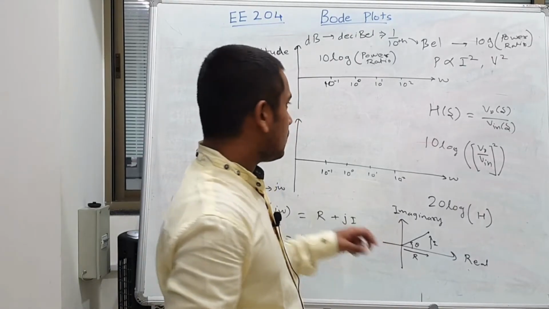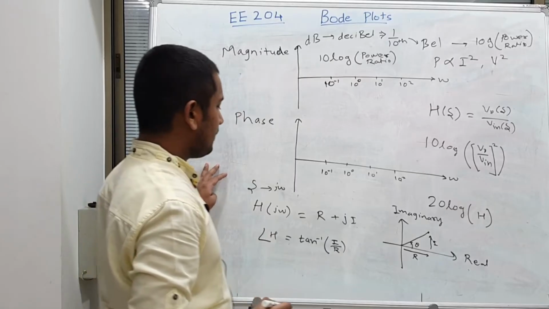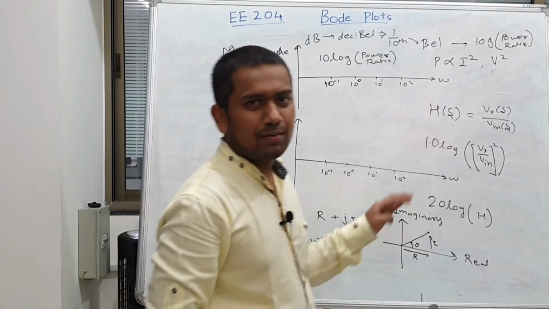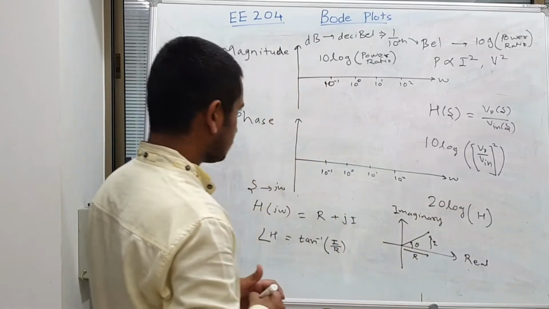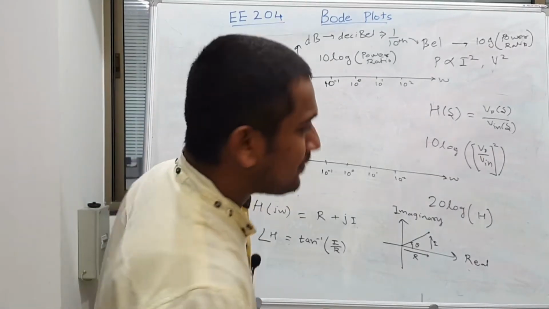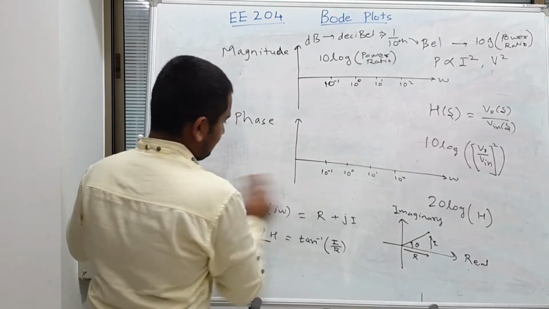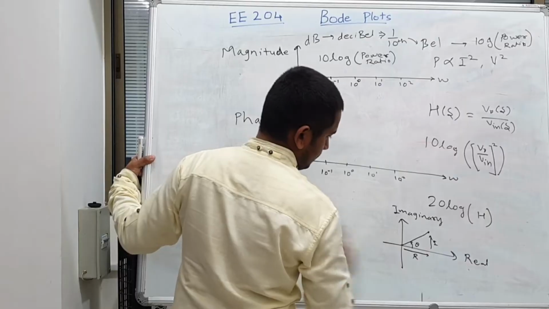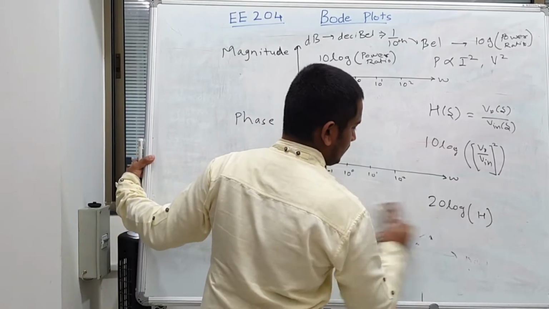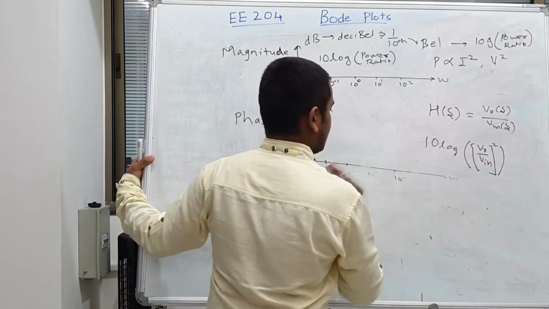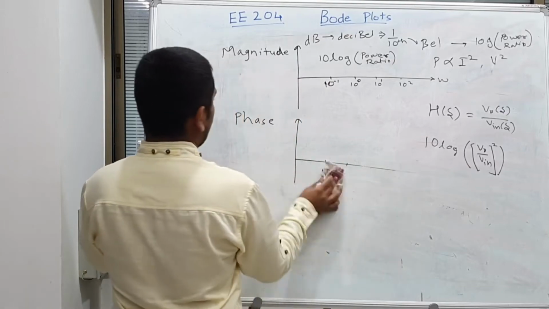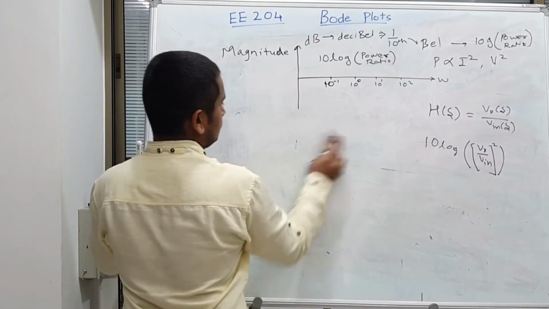So the phase of a system can be calculated by just taking tan inverse of imaginary by real. Now let's look at some examples which will give us insight into magnitude and phase plots.